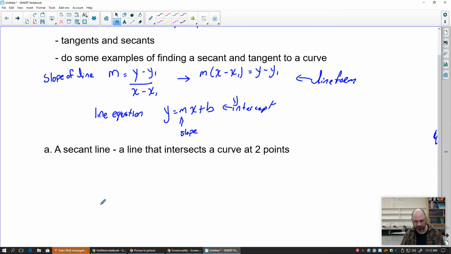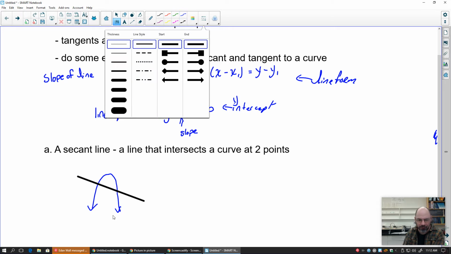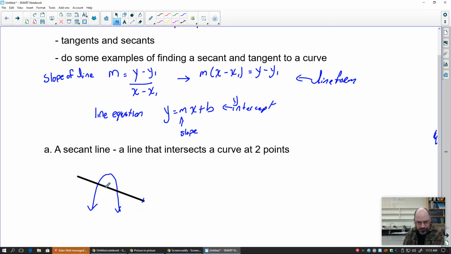If I make my curve like a quadratic equation like that, a secant line is a straight line, I guess it would have arrows on both ends. So this would be our secant line here, and it would connect that curve in two points. So that's what a secant line is.